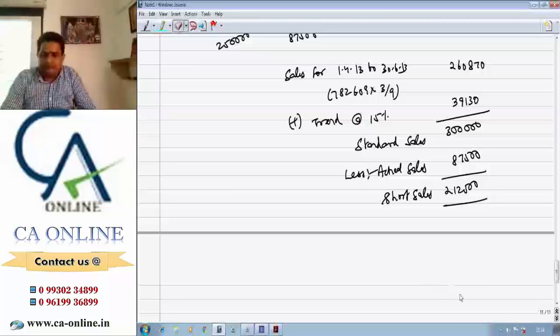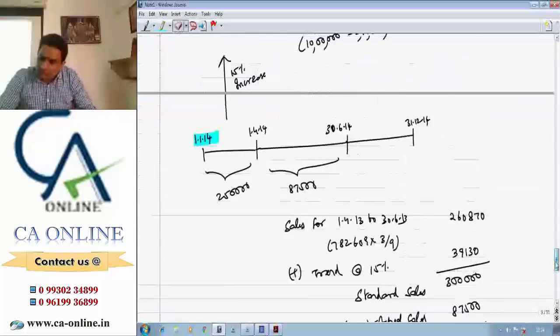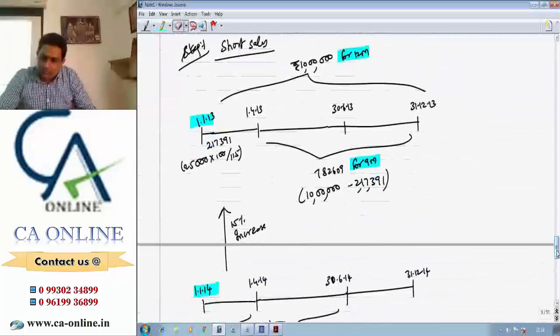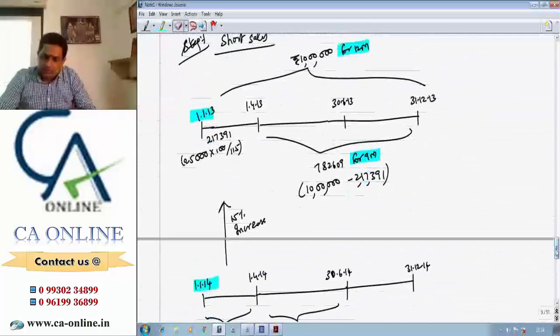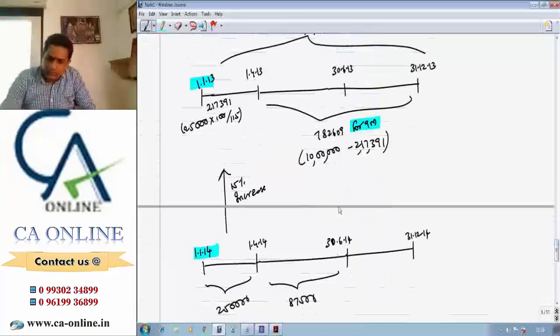No, first 3 months, apply minus 15%, 10 lakh divided by 4 months each. If you reduce 15%, what is the sales for the first 3 months? You cannot tell 2 lakh 50,000 for the first 3 months. If you tell 2 lakh 50, then you cannot tell this line in the problem.